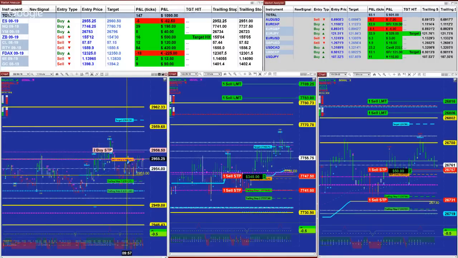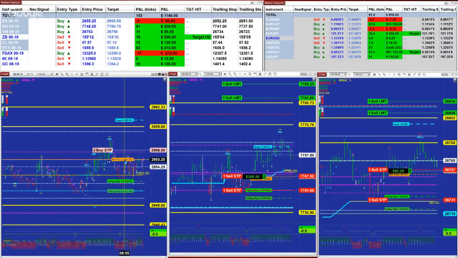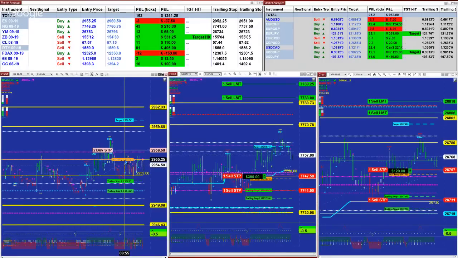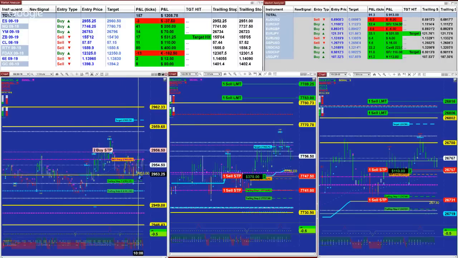The entry price is 55.25. It's really a struggling market. As you see for the last half an hour, the ES is coming back to the 29.53.